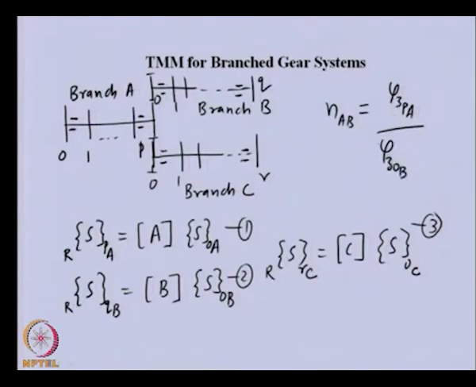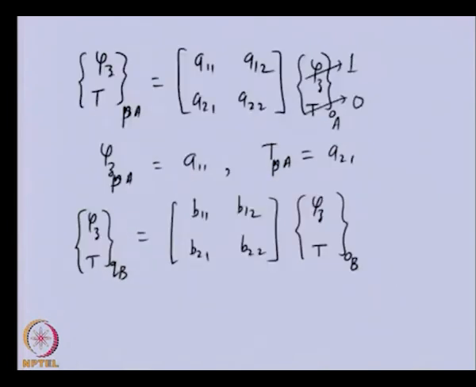So you can see that we can replace this particular displacement with phi Z PA divided by the gear ratio A to B, and this we already obtained earlier as A11.